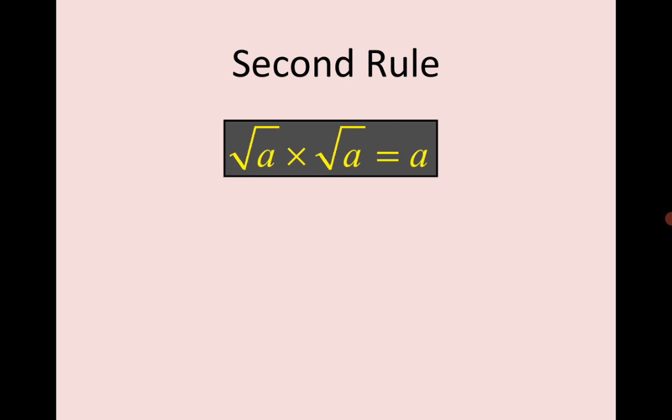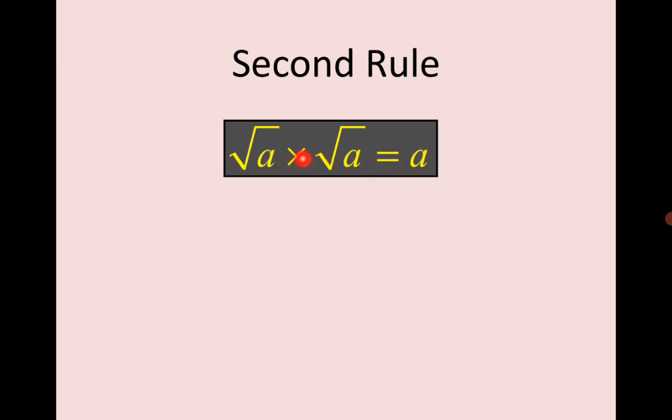Let's look at the second rule of surds. Remember the first rule we looked at: the product of roots of different numbers will give us the square root of the product of those two numbers.